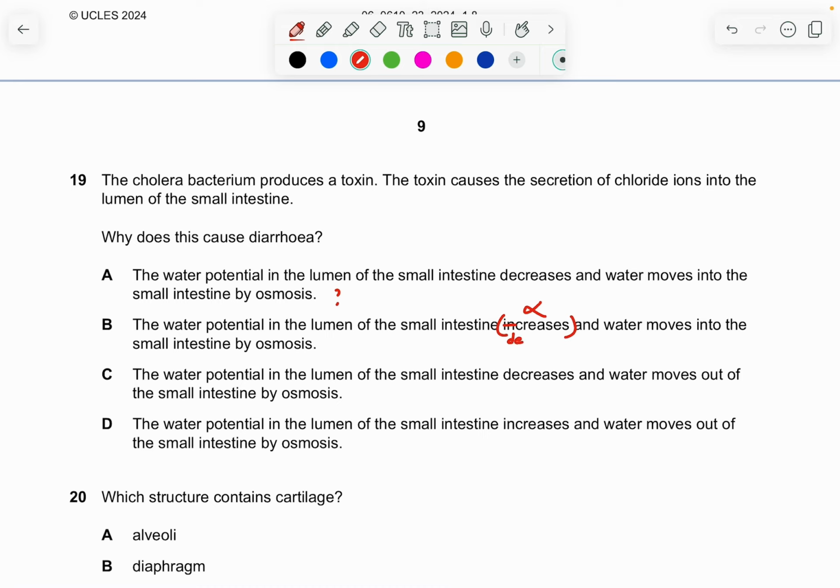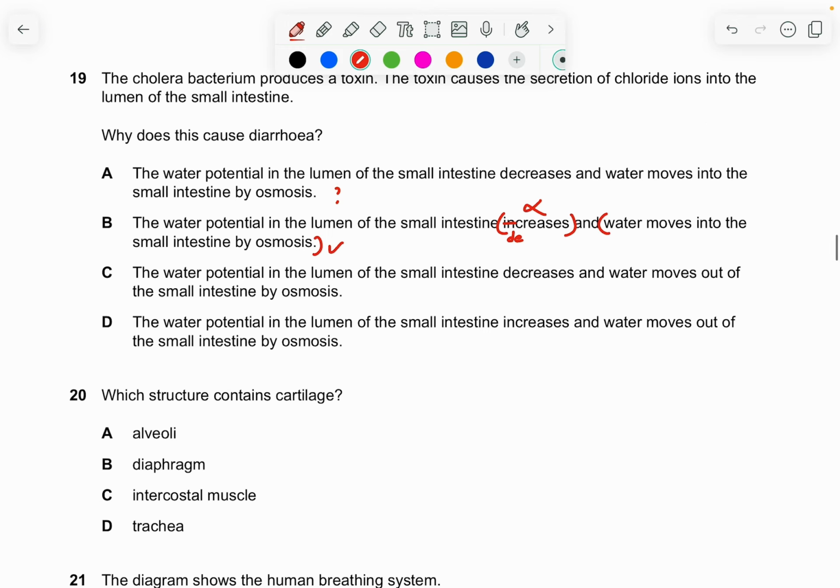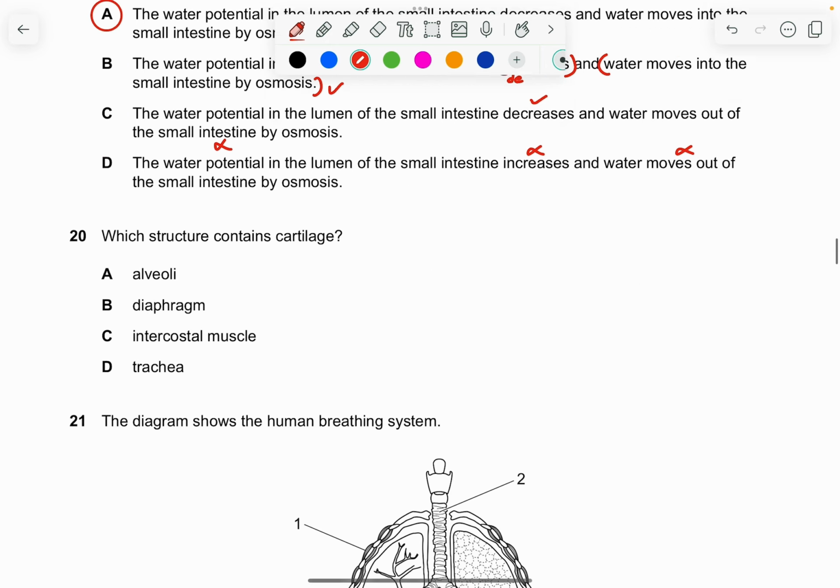And water moves into the small intestine by osmosis. This is correct. The water potential decreases, and water moves out of the small intestine by osmosis. This is wrong. The water potential increases. Again, this is wrong. And water moves out. This is wrong. So the answer is A.